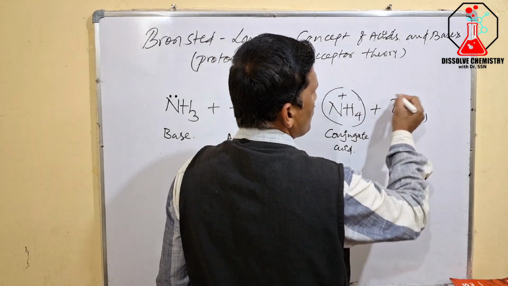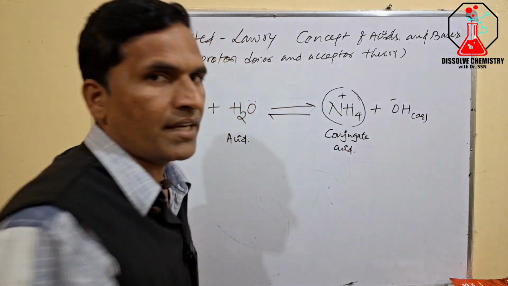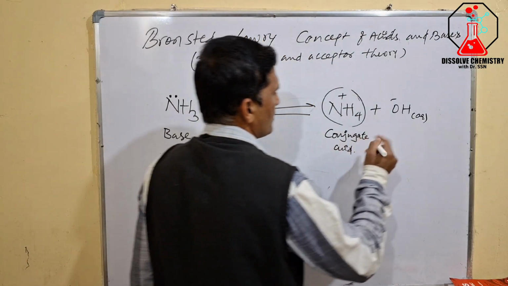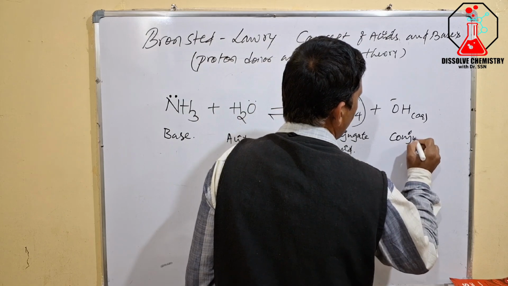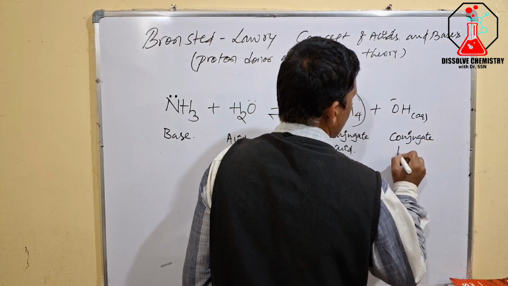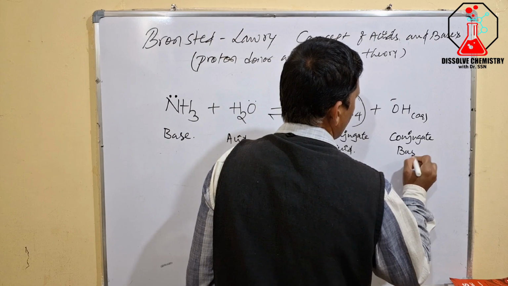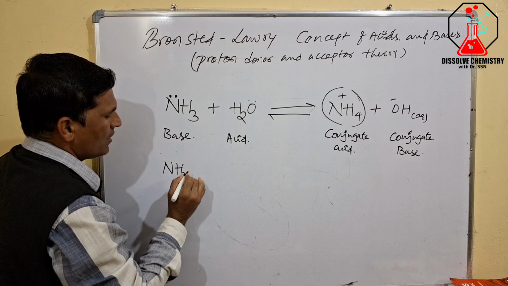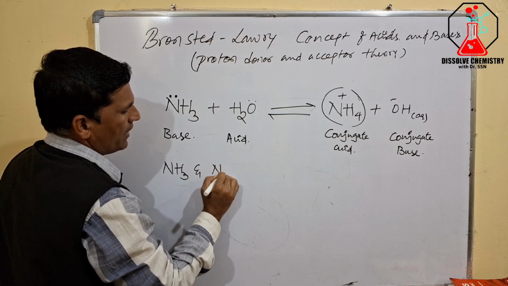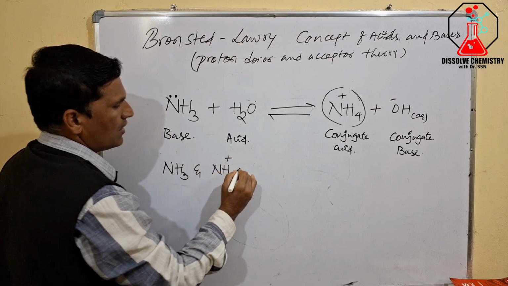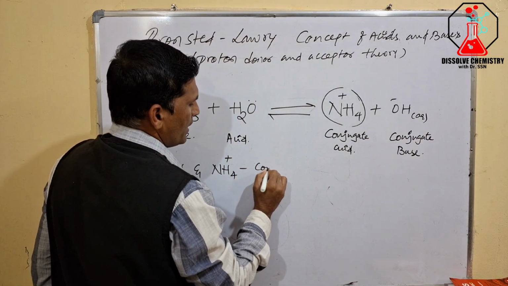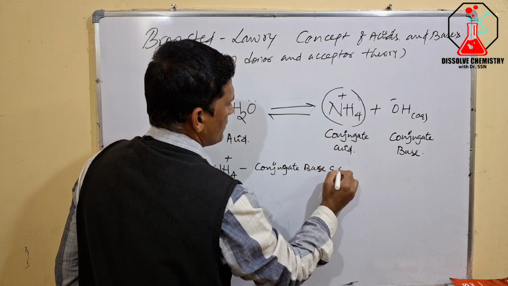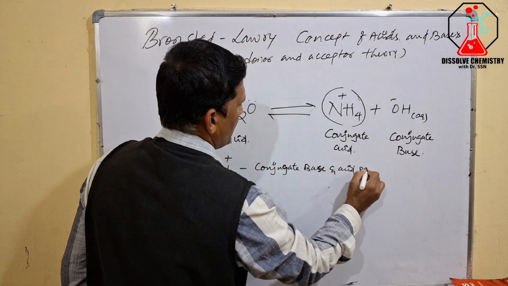And here this OH minus now has the tendency to accept the proton. So we call this OH minus the conjugate base of water. Now this NH3 and NH4 plus are called conjugate base acid pair.